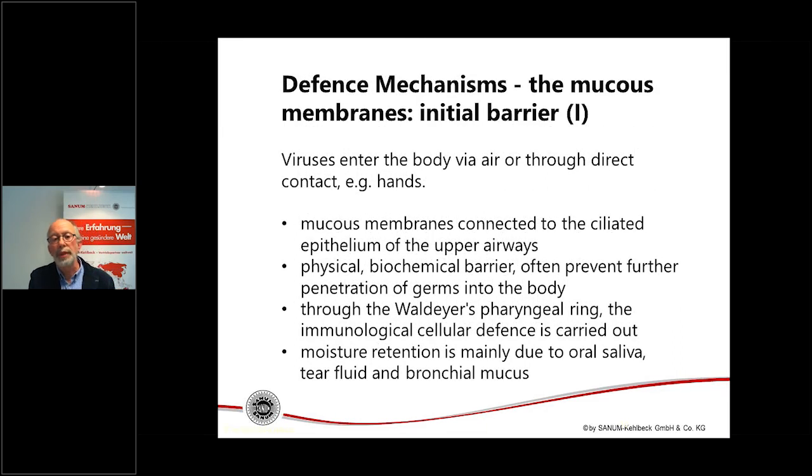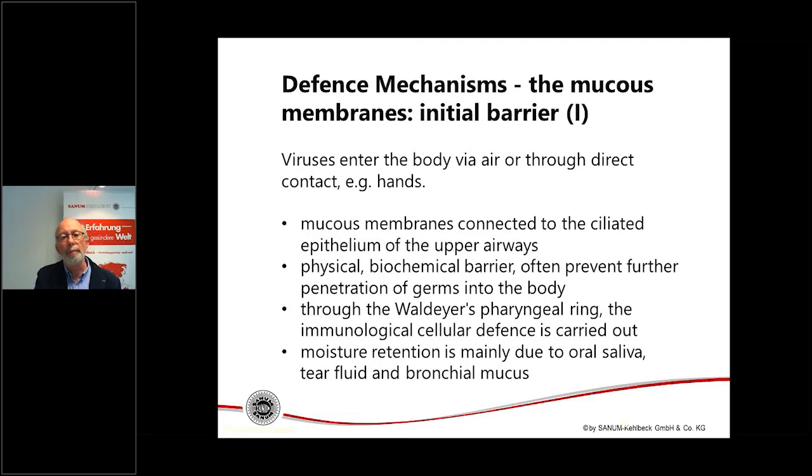Now I come to a defense mechanism of the organism against viruses. The first defense mechanism against virus infection is the mucous membrane. Viruses that enter the body via the air we breathe or through direct contact via the hands must overcome an initial barrier, namely the mucous membrane, connected to the ciliated epithelium of the upper airways.